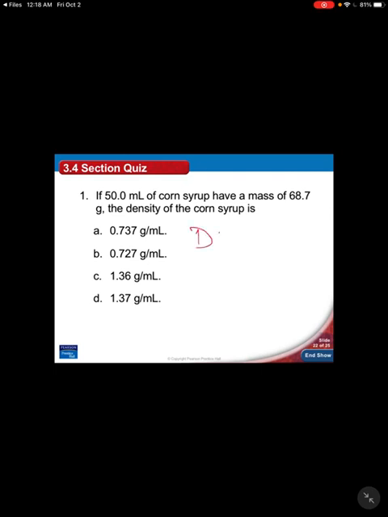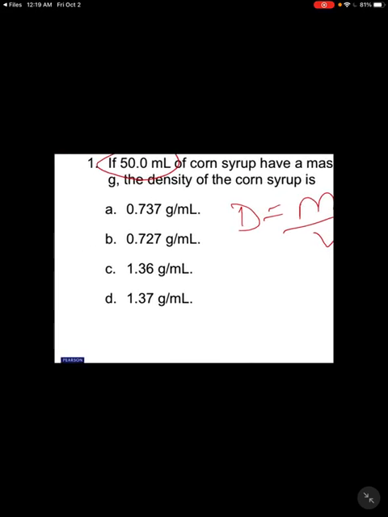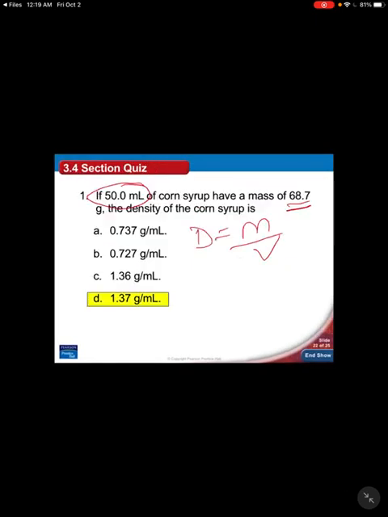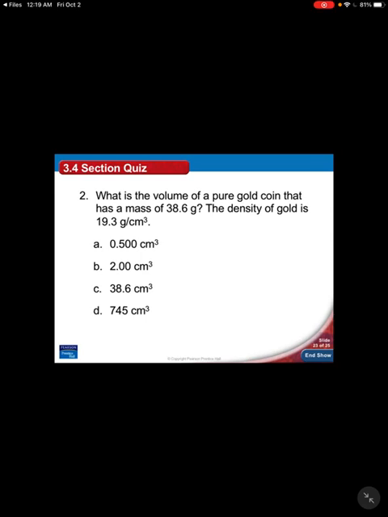Your density is equal to mass over volume, and you would divide your mass by your volume, and rounding appropriately, you would get an answer of 1.37. Okay, see if I can get into the next slide. There we go.